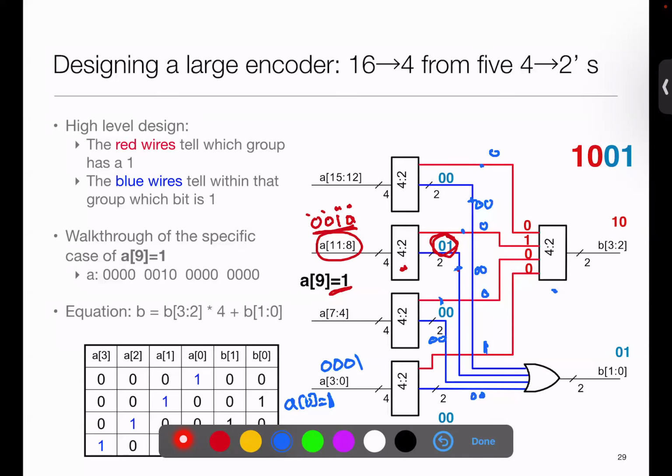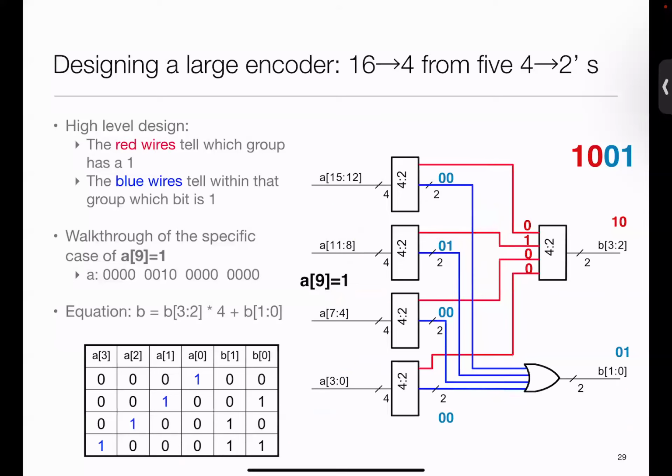This one is going to see 0, 0, 0, 1 out here, and therefore it is going to output 0, 0. And this one is seeing all zeros everywhere, so it will also output all zeros. So we will get a 4-bit 0, 0, 0, 0, which is what you want, because A0 was 1. Cool, got it.